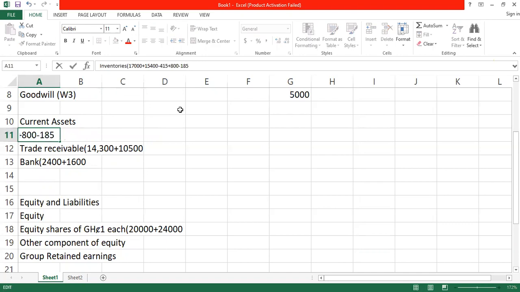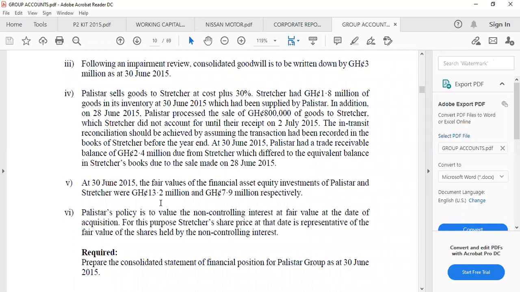Okay, let's come. Read the additional part again. In addition, on 28 June 2015, Polyester processed the sale of 800,000 of goods to Stretcher, which Stretcher did not account for until their receipt on 2nd July 2015.